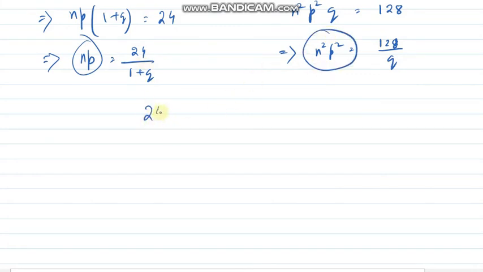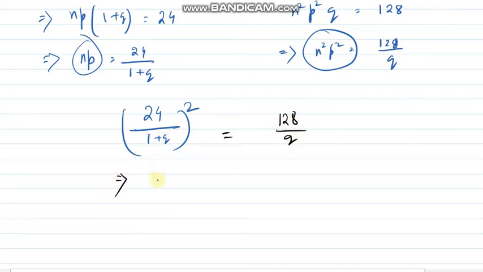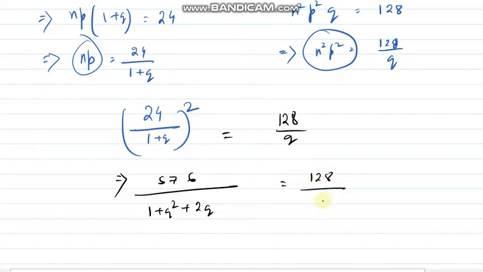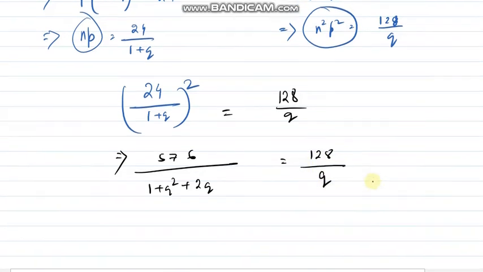So can we write 24 by (1 plus q) whole square? This is n square p square, so it will equal the value of n square p square, 128 by q. If I open the bracket, 576 divided by (1 plus q square plus 2q) equals 128 divided by q.